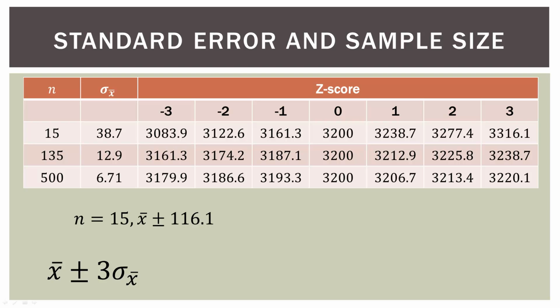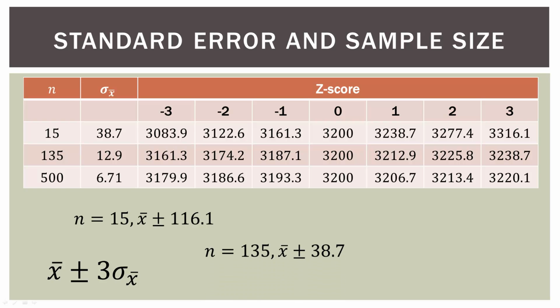So you can see that 3,200 all the way up to 3,316.1, for a sample size of 15, is 3 deviations above the mean. If you subtract those two, that's 116.1. So for a sample size of 15, we have the sample mean plus or minus 116.1. That's the 3 standard deviation range.